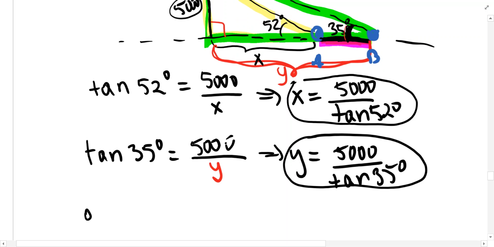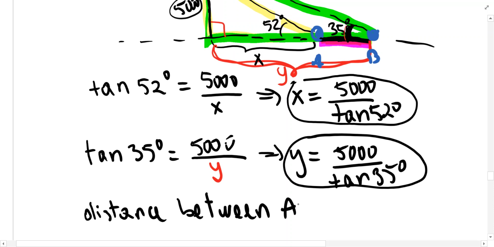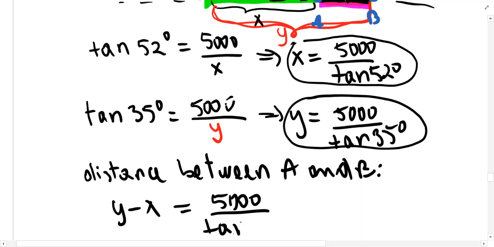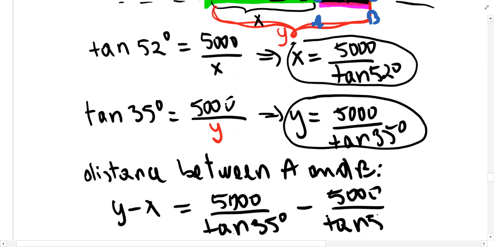So the distance between car A and car B is y minus x. So y is 5,000 over tangent of 35 minus x, which was 5,000 over tangent of 52.